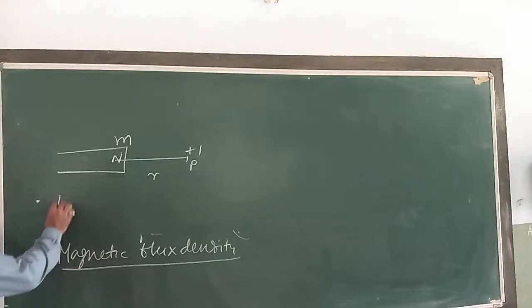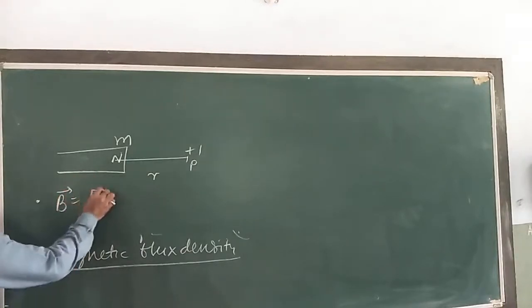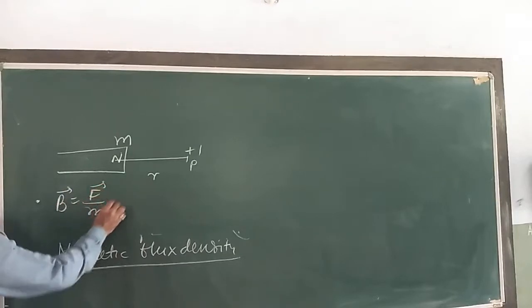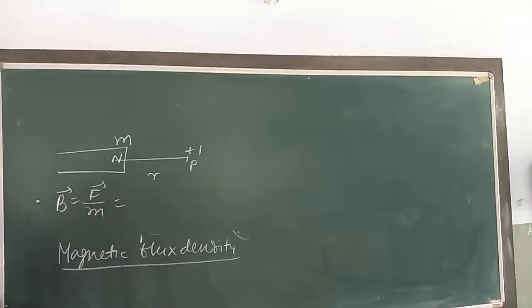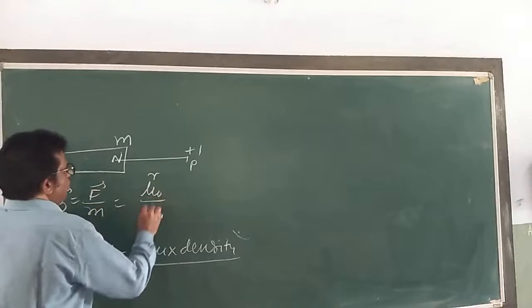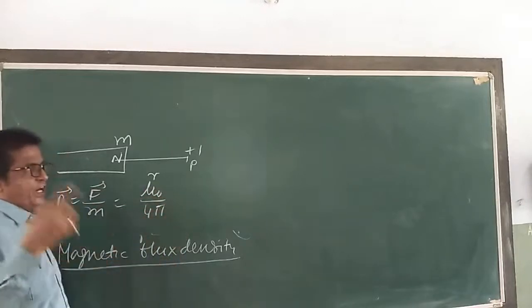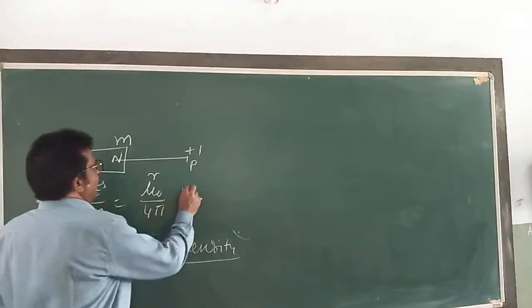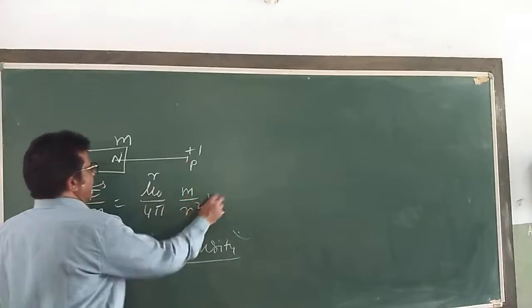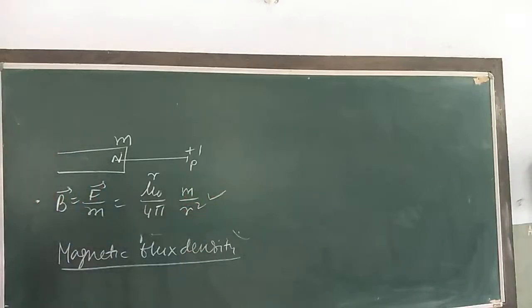So I can write the force experienced by a unit north pole as F by M. So you can write mu naught by 4 pi, M1 M2, both are M, so M by R square. This is the magnetic field intensity.